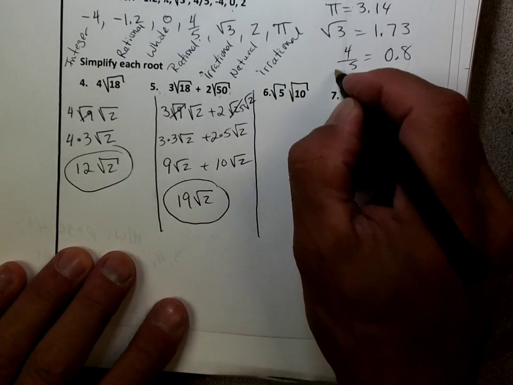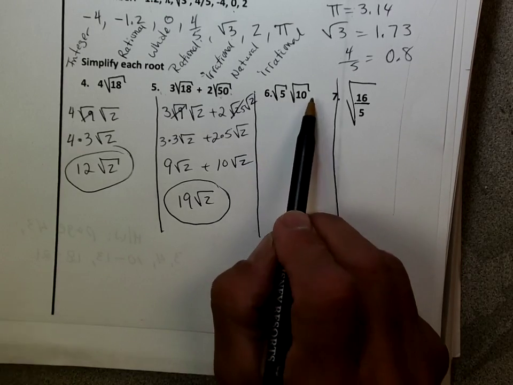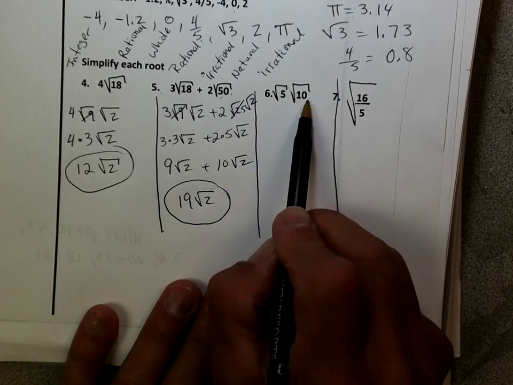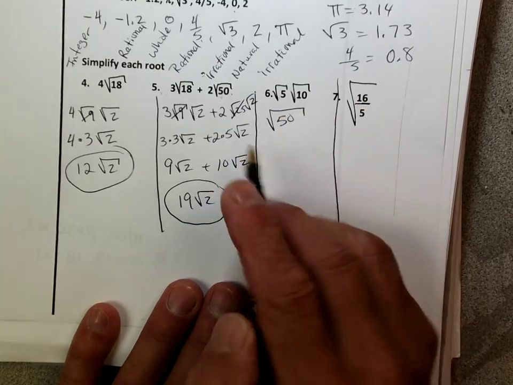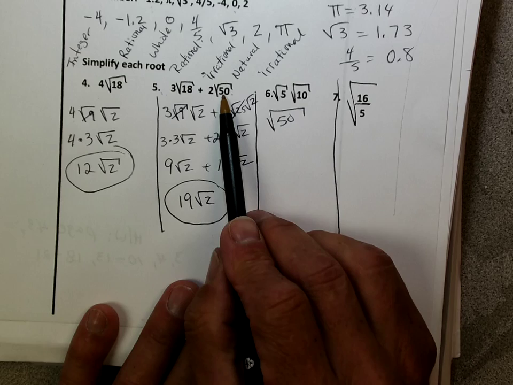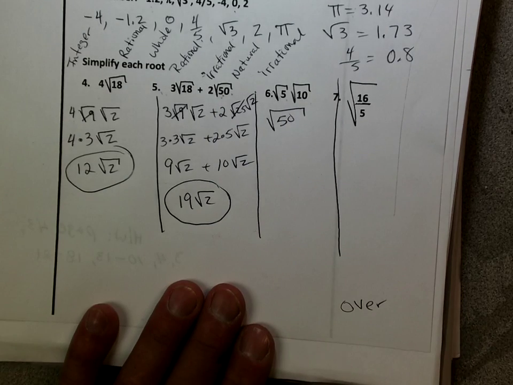Okay, let's look at number 6. They're both square roots, so let's multiply them. Square root of 5 times square root of 10 makes the square root of 50. And lo and behold, we did that. We just did square root of 50, didn't we? So this one's not going to be hard. If they're both square roots, I can multiply square roots.